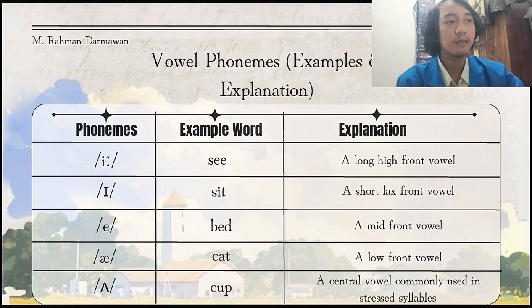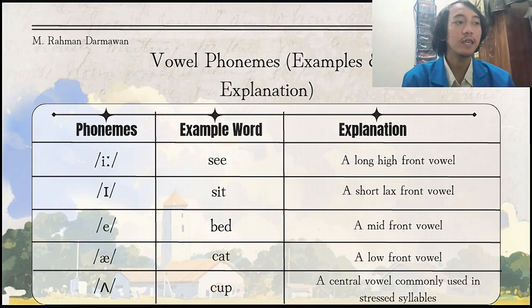For the phoneme e, the example word is bed, a mid front vowel. For the phoneme æ, the example word is cat, a low front vowel. And the last one, ʌ, the example word is cup, a central vowel commonly used in stressed syllables.